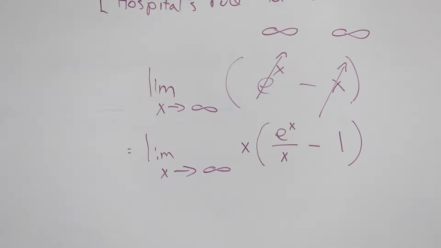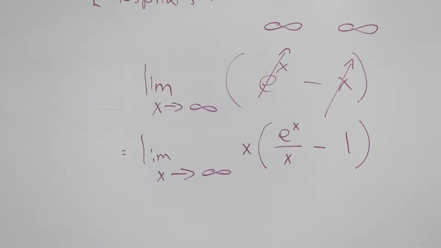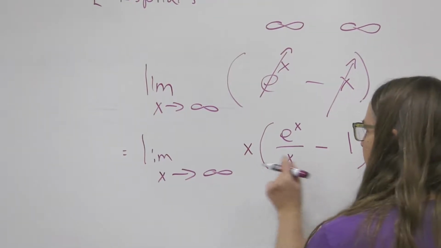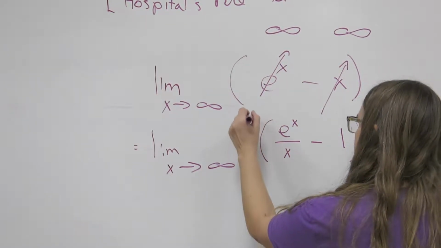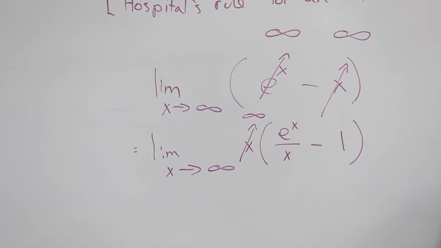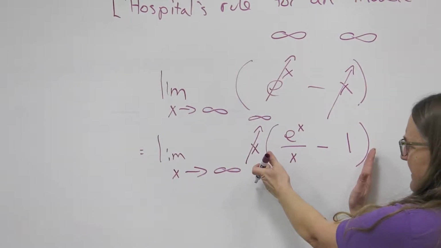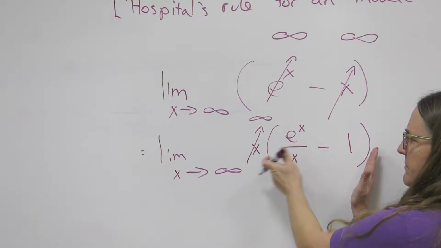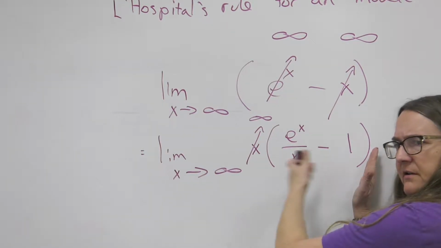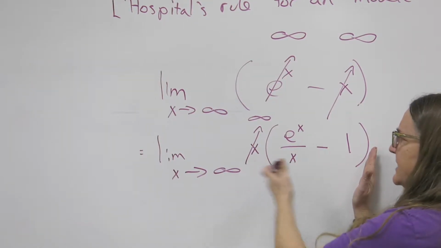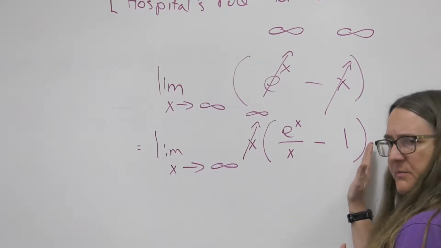Now, if we look at this, I have this product. X, that first factor, is going off to infinity. If I can figure out what this limit is, I might be able to determine the limit of the whole thing. Now, I can't actually do arithmetic with infinity.